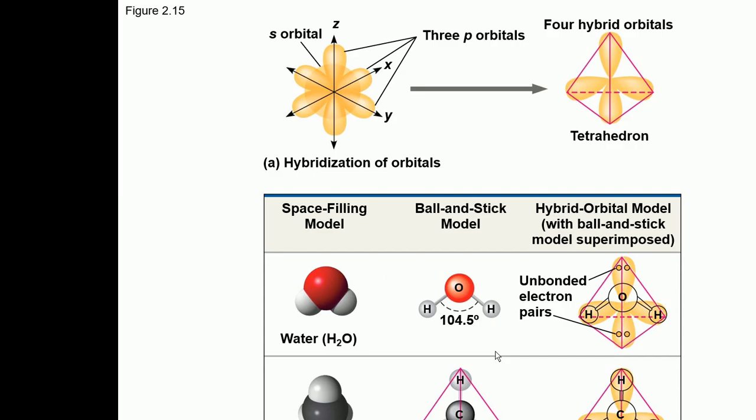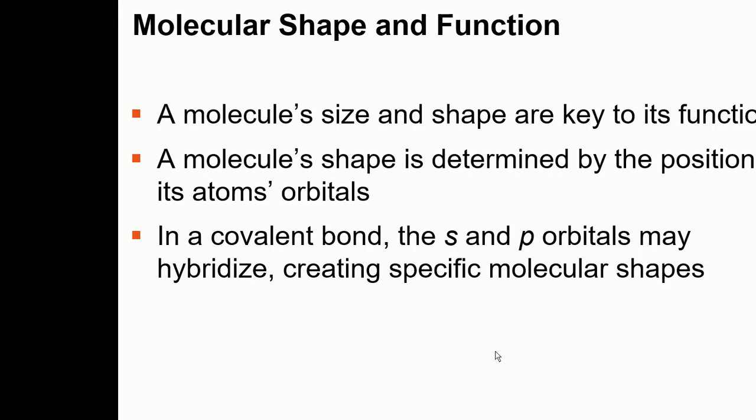So what kind of shape a molecule has all depends on how these hybrid orbitals bond with each other.